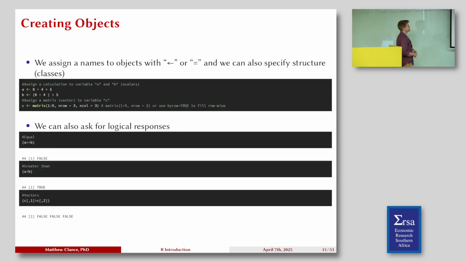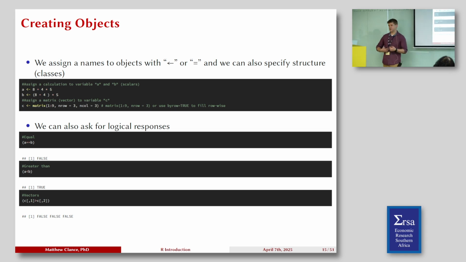Okay. We're also going to look at assigning objects. Instead of gen some variable equal to whatever, we have the same thing here, but we have to assign it to a name. In this case, we're defining this object A as equal to 8 plus 4 times 5. You can see I got lazy and kept doing the same math over and over.